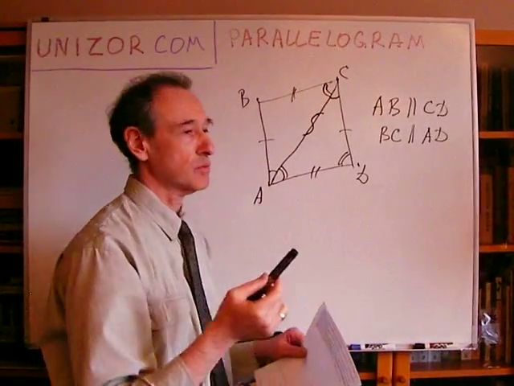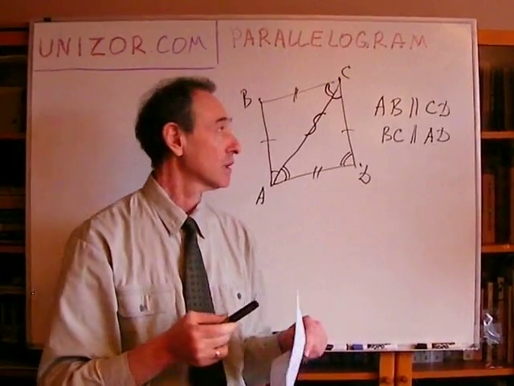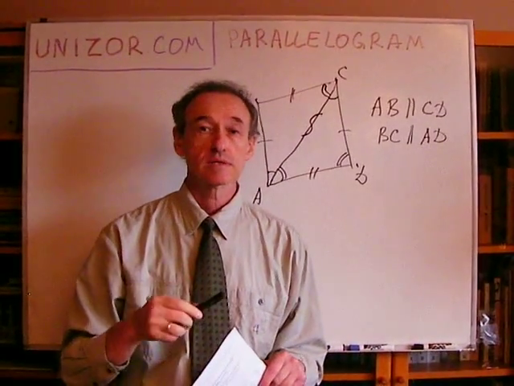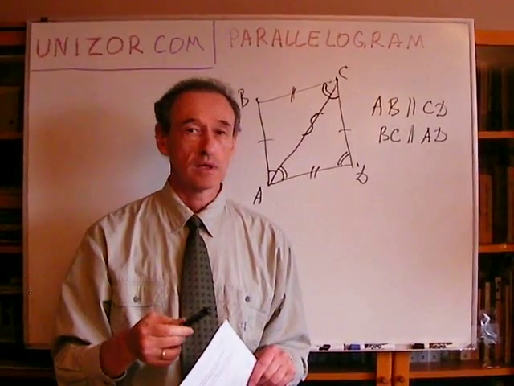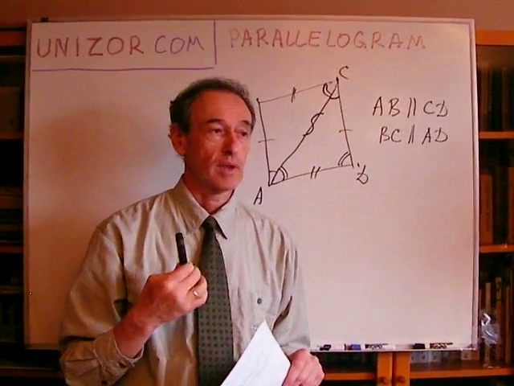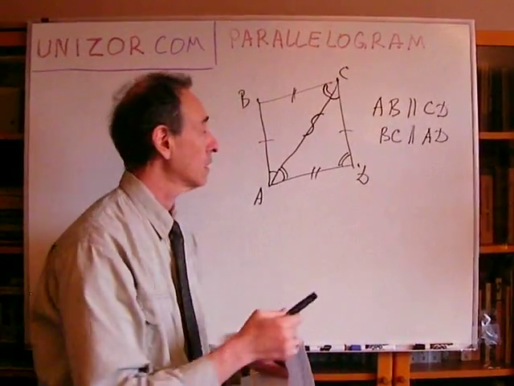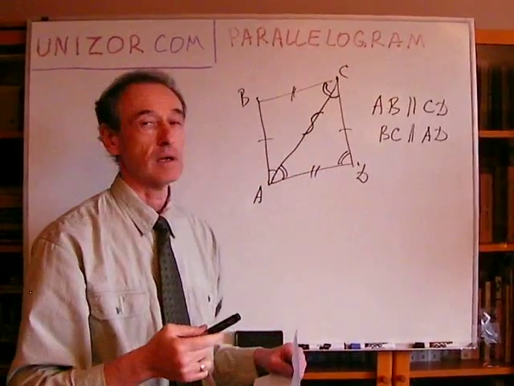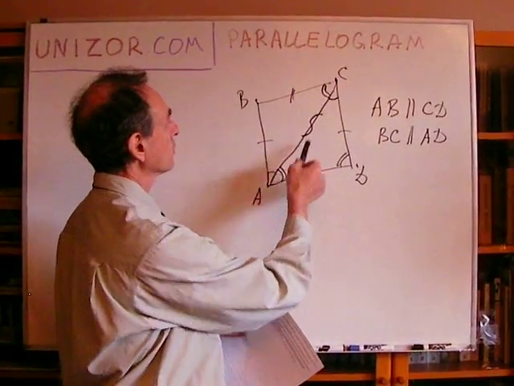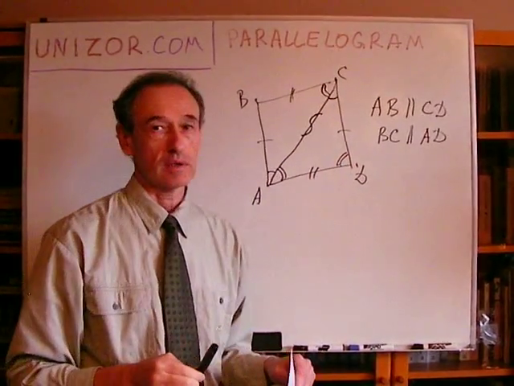But again, we remember that congruence of, let's say, alternate interior angles is necessary and sufficient condition for the lines to be parallel. It's a characteristic property of the parallel lines that alternate interior angles are congruent to each other. So that's why, from the congruence of these angles, we derive that the lines are parallel to each other.